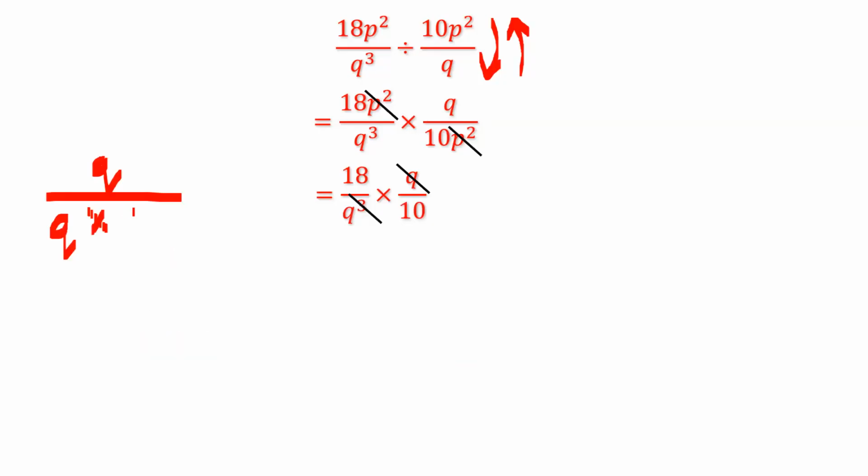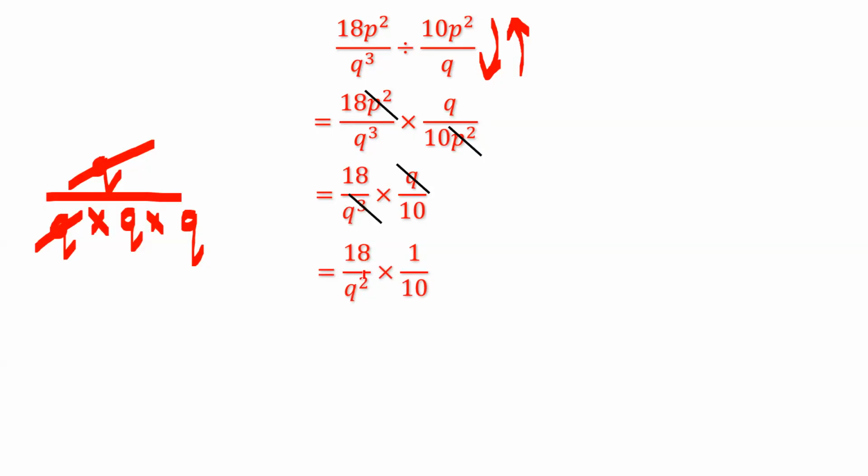So we have 3 q's at the bottom and we have 1 q at the top. We can cancel out this q with that q, okay? And so we are left with q squared, all right? So at the bottom here, we have q squared because we took away 1 q from the 3.